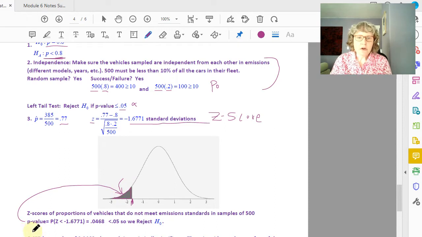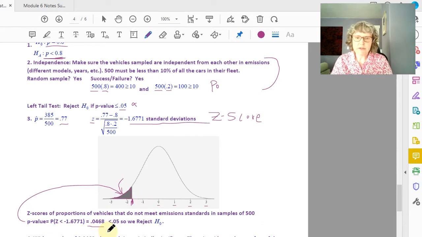So our p-value, this is where we put it into Online Statbook. We put in 0, 1 because a z-score has a mean of 0 and it goes by ones: 1 standard deviation from the mean, 2 standard deviations from the mean, 3 standard deviations from the mean. Here we're 1.67 below, and the probability of getting that, even though it looks pretty big, is 0.0468.